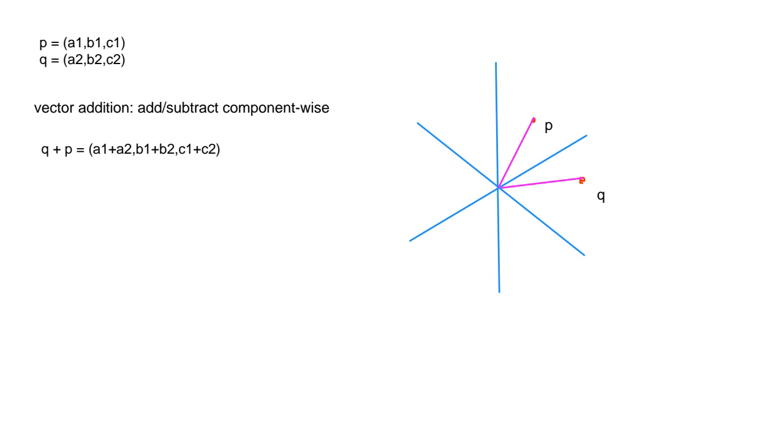I'm still calling this O. So we have vector OP, and the value is the same as the point P. We have OQ. And then we can form a parallelogram. I'm going to copy OQ, parallel translate it, and paste it right here. I can call this Q prime.